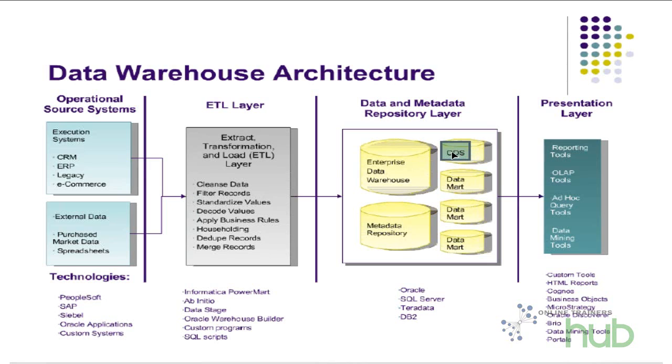And how are we going to make the output of one job become the input to another? To do that, there is an intermediate storage media which we call ODS, operational data source, which means the output of the first job will become the input to another job through ODS.